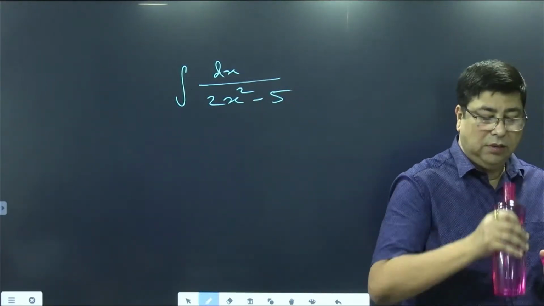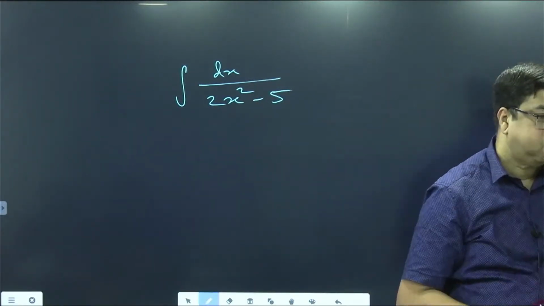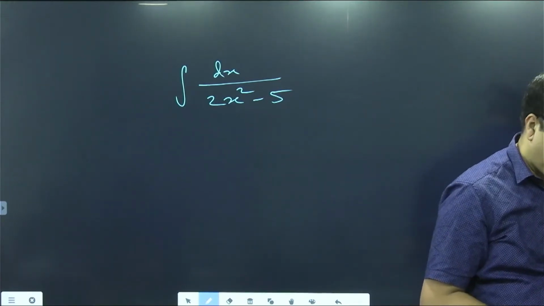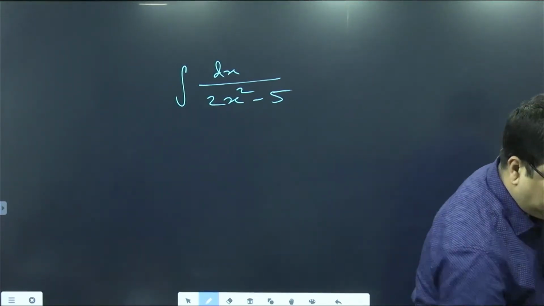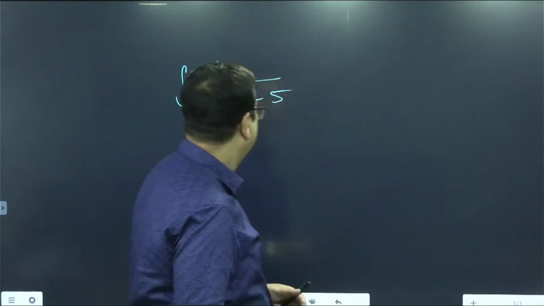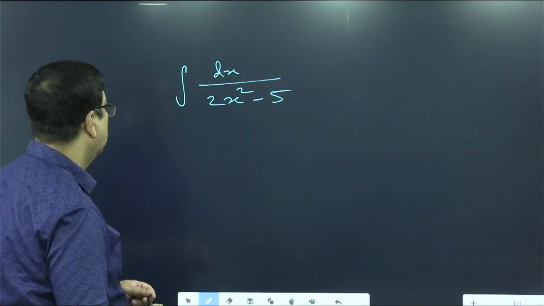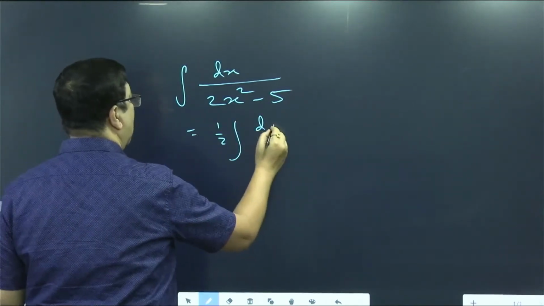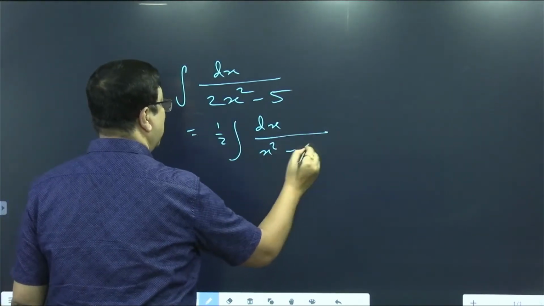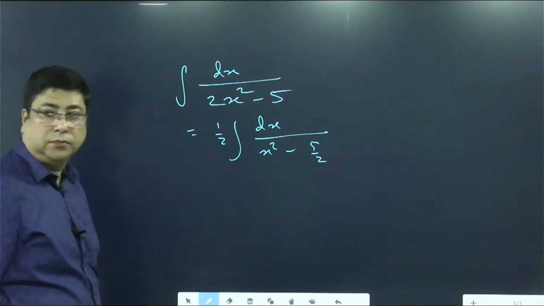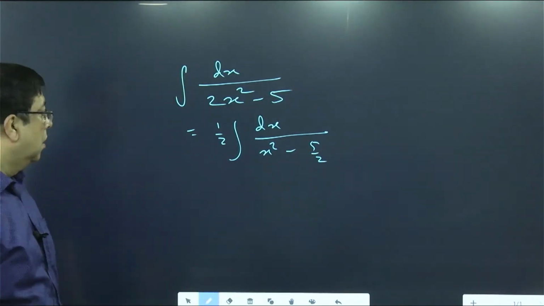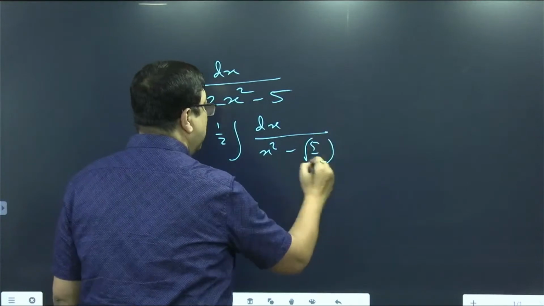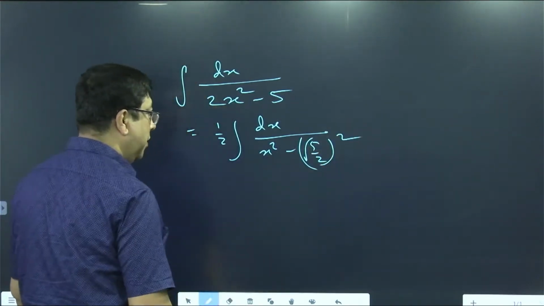Do this, everyone, do this. First of all, what to do? We have to take 2 common: x square minus 5 by 2. 5 by 2 can be written as root over 5 by 2 whole square.